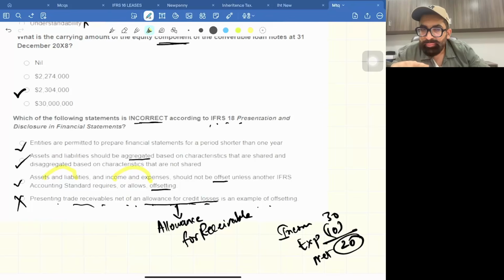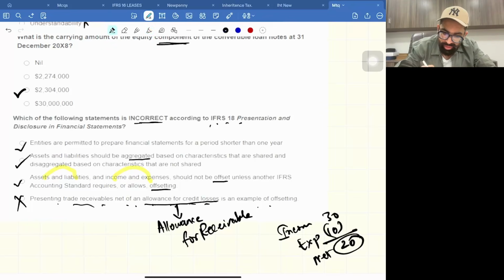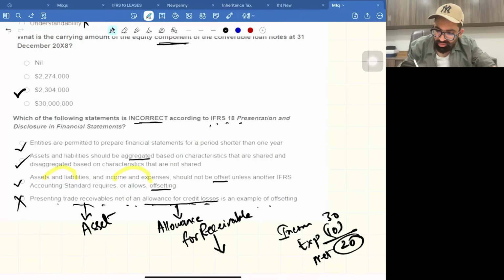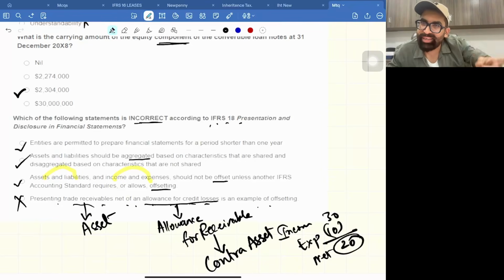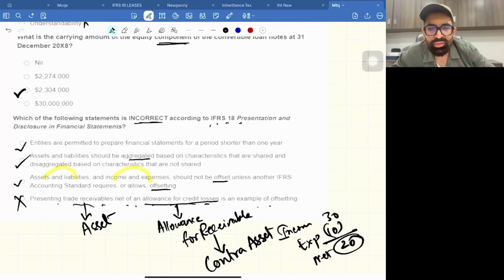But here it is written receivable and allowance for receivable. Trade receivable is your asset, and this allowance for receivable is your contra asset, opposite to asset. Offsetting means cancelling an asset against a liability or income against expense, but here you are cancelling an asset and a contra asset. So it's not offsetting at all. Right? Okay, so the answer is 4.